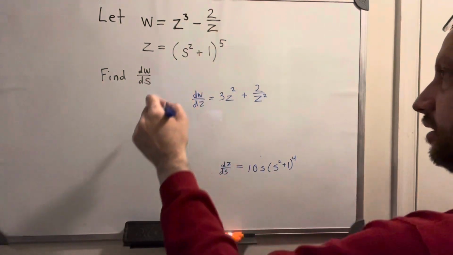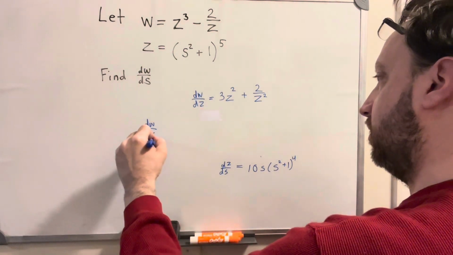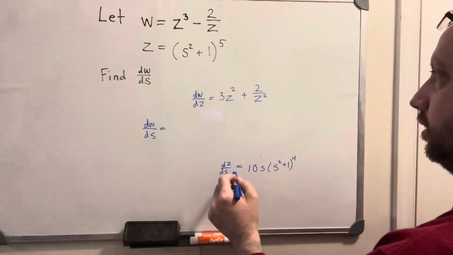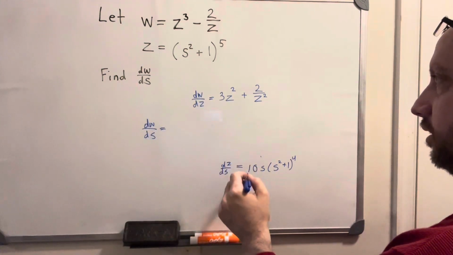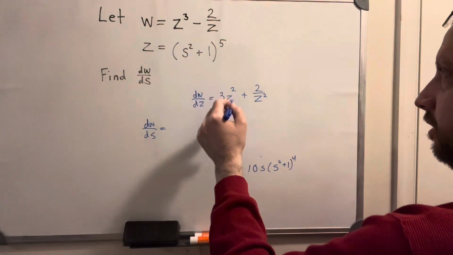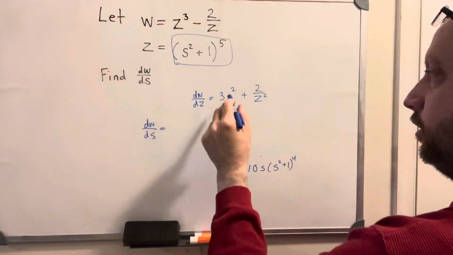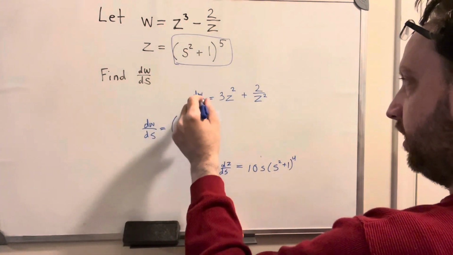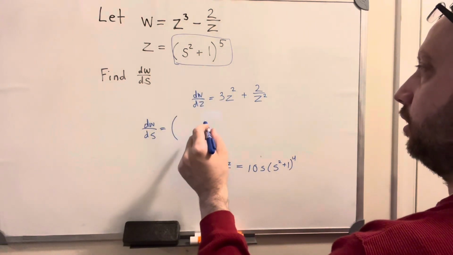We want dw/ds. We've got dw/dz and dz/ds. But look, we want dw/ds all in terms of s. We've got z's here, but we can just replace every instance of z with all of this. So let's write dw/dz, replacing all the z's with (s squared plus 1) to the 5th.